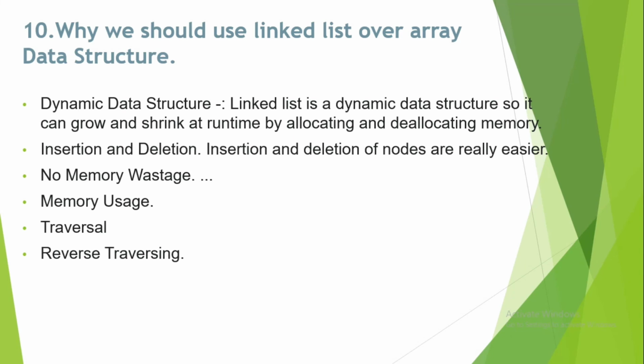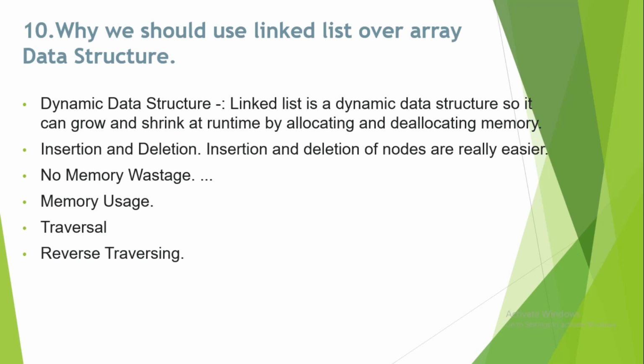The same question an interviewer can ask like this: why should we not use array? Array does not provide the facility of dynamic memory allocation, so that is the big issue with the array. And also sometimes there is wastage of memory, like suppose you want 100 bytes of memory and you allocate 150, then 50 bytes of memory will go to waste.